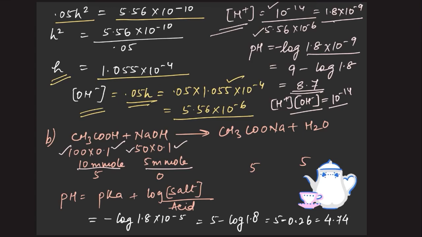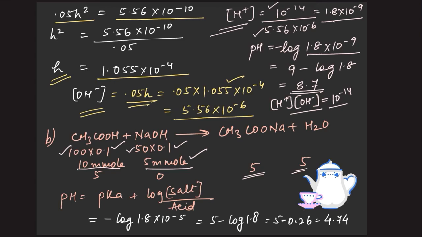Now as can be seen from the stoichiometry of the reaction, 1 mole of acetic acid reacts with 1 mole of NaOH to give 1 mole of sodium acetate and 1 mole of water. So 5 millimoles of NaOH will react with 5 millimoles of acetic acid to give 5 millimoles of sodium acetate and 5 millimoles of water.